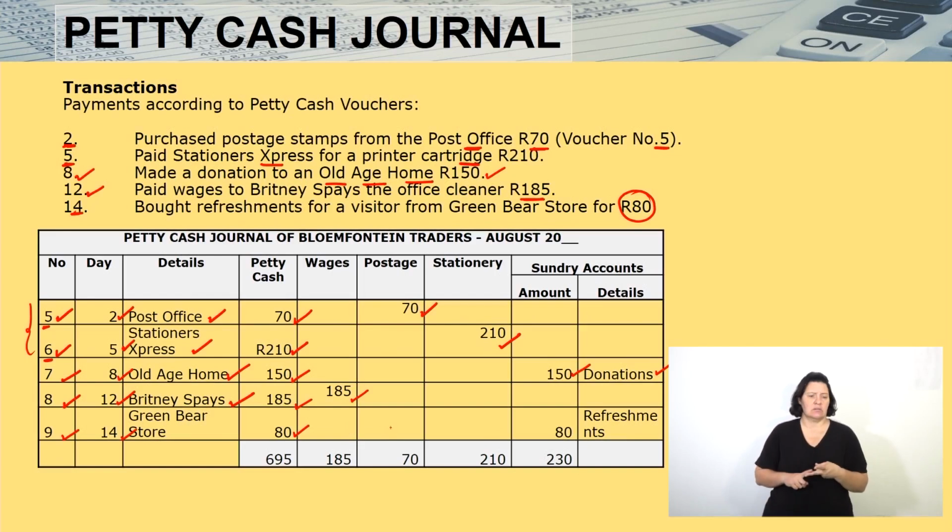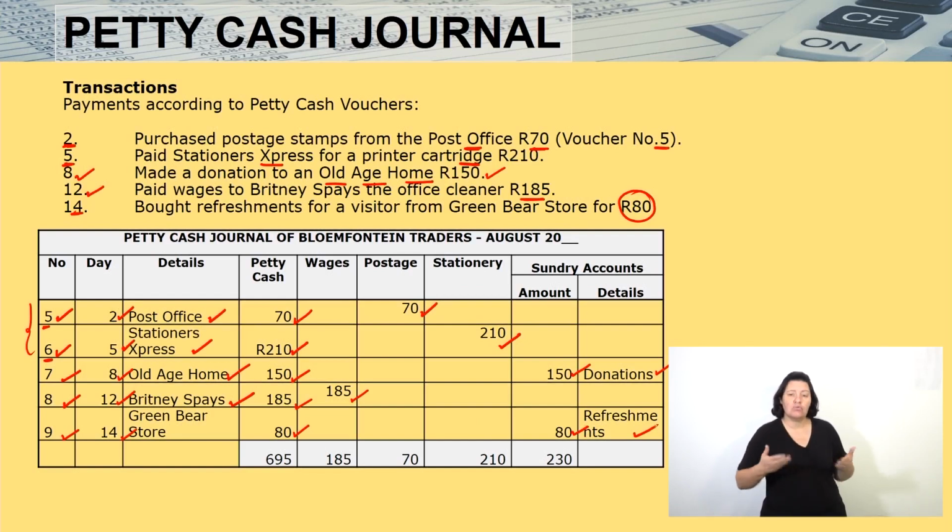It is not part of postages. It is also not part of stationery. So it will not go in the wages, the postage, or the stationery, but rather it will come to my sundry accounts. There is my 80. And then what do I then say? Refreshments.